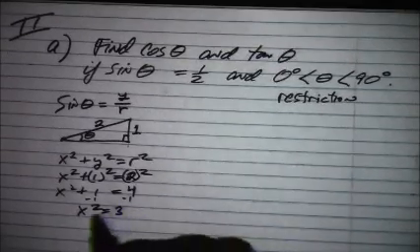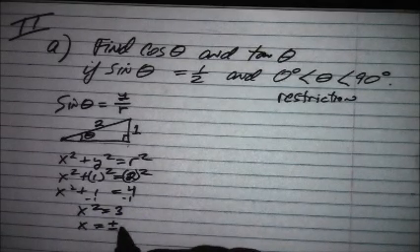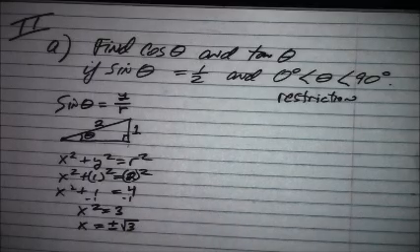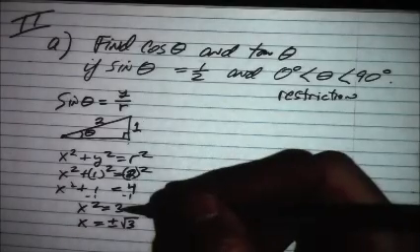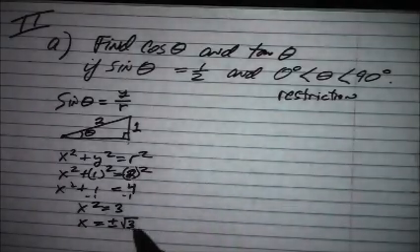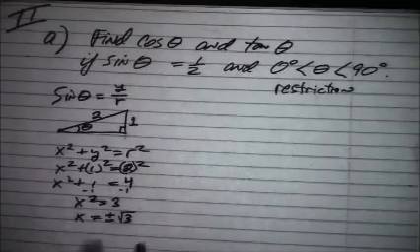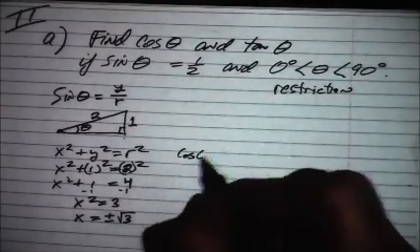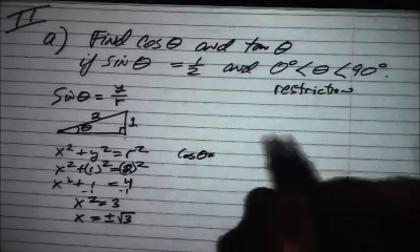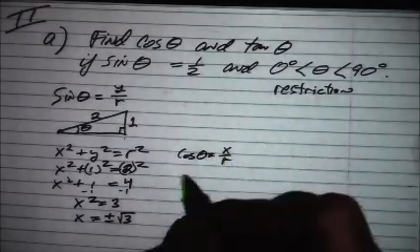And then when we take the square root of both sides, we say that x is equal to plus or minus the square root of 3, because negative root 3 times negative root 3 would give us a 3, and positive root 3 times positive root 3 is a 3, so we have to account for both. So that tells us now that the cosine of theta is going to be the x value over the r.